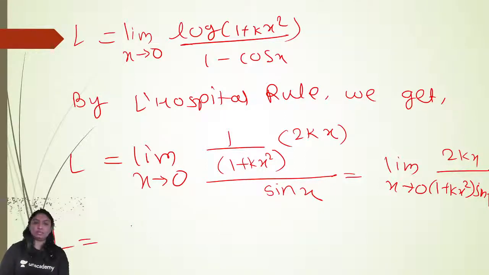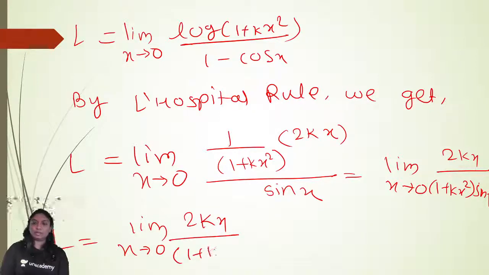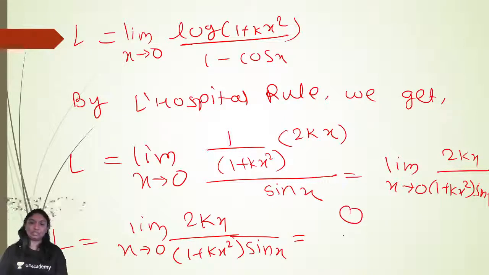L is equal to limit as x tends to 0, I am writing once again here, 2kx upon 1 plus kx square into sin x. This is 0 upon here, x is equal to 0, so this becomes 0. So sin 0, you will get here again 0. Right? Again it is 0 upon 0 form.